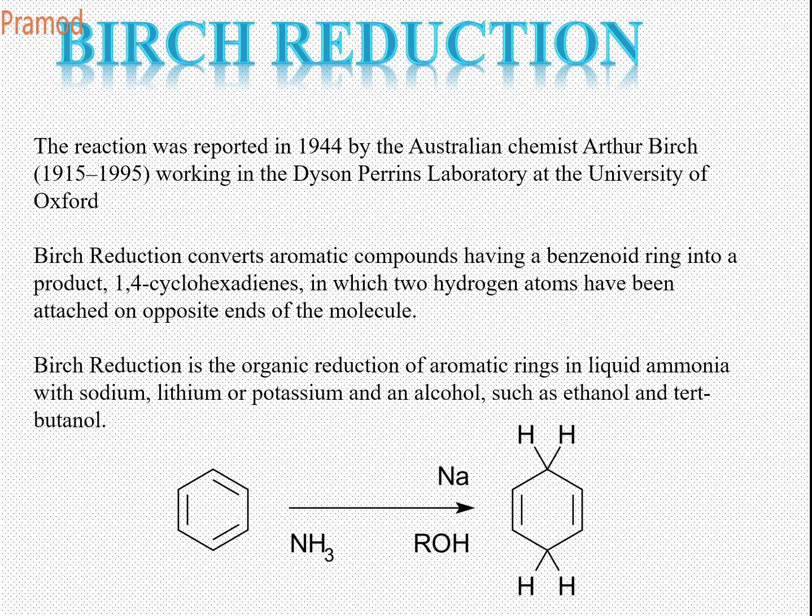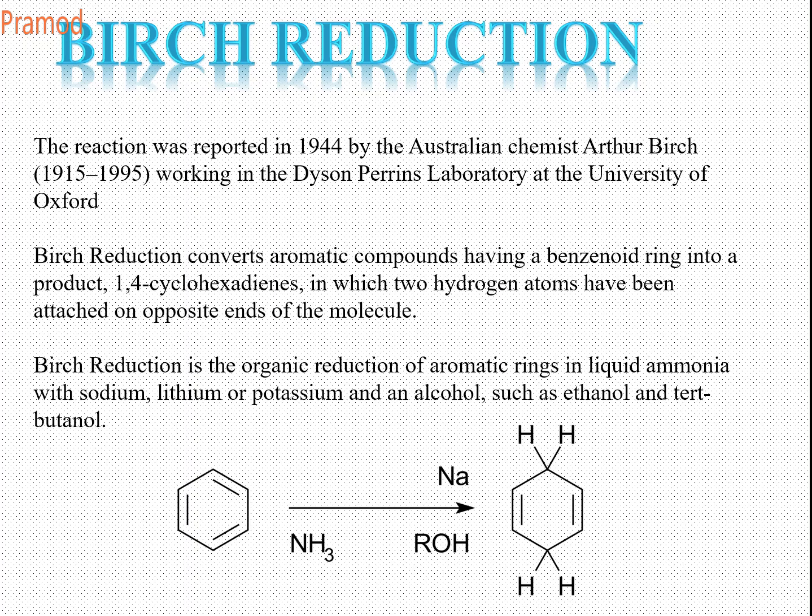So Birch reduction is the organic reduction of an aromatic ring in liquid ammonia with sodium, or lithium or potassium, and an alcohol such as ethanol or tertiary butanol. So what are the reagents which are used? You require an alcohol, you require sodium, and you require liquid ammonia for this reaction.